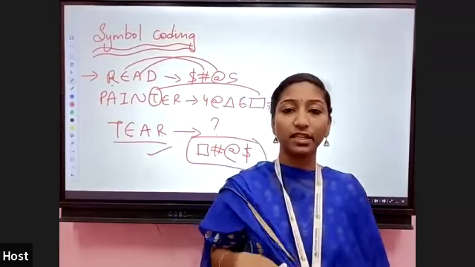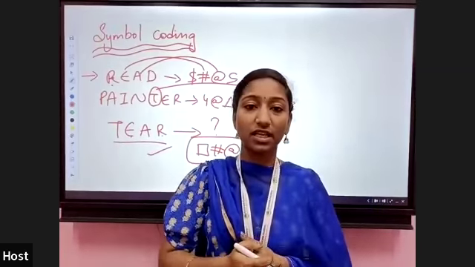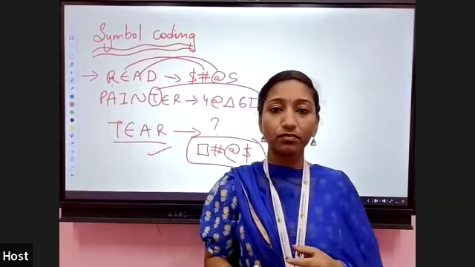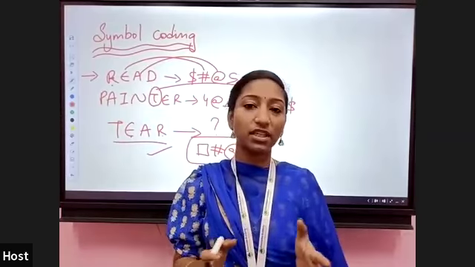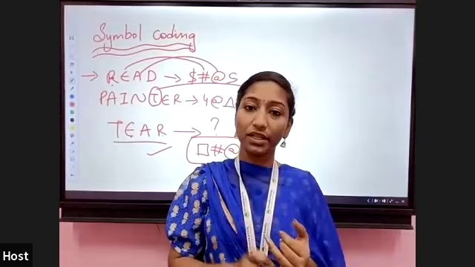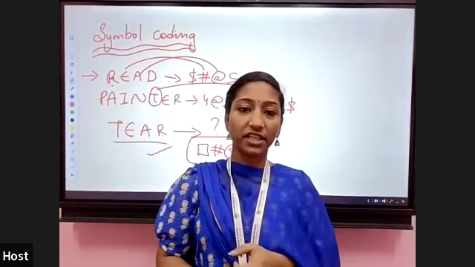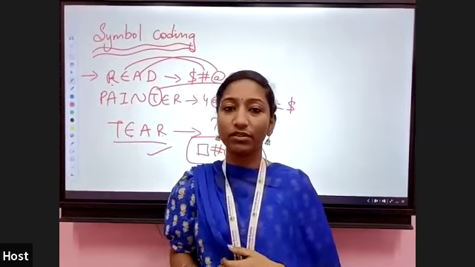Before doing the coding and decoding process, you should know the table: what is the opposite letter for the given letter, or what is the value of the given letter. When you know the table, you can solve coding and decoding, and also classification and analogy. These three topics you can solve easily.